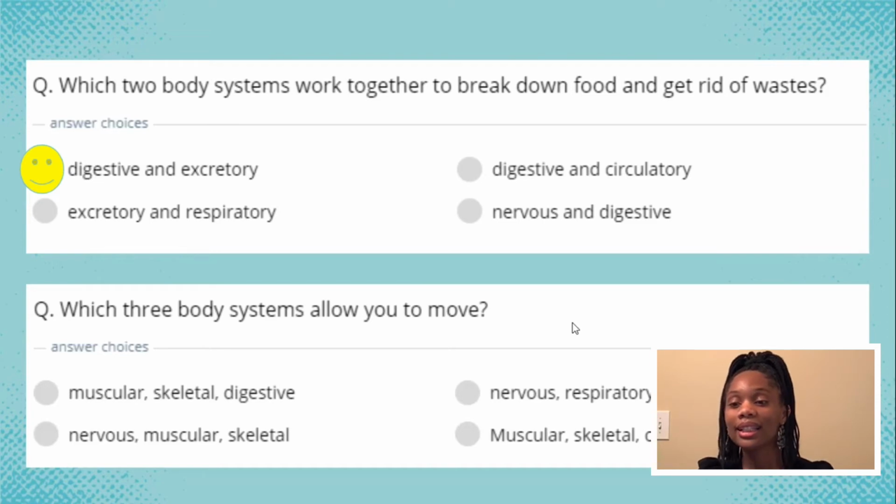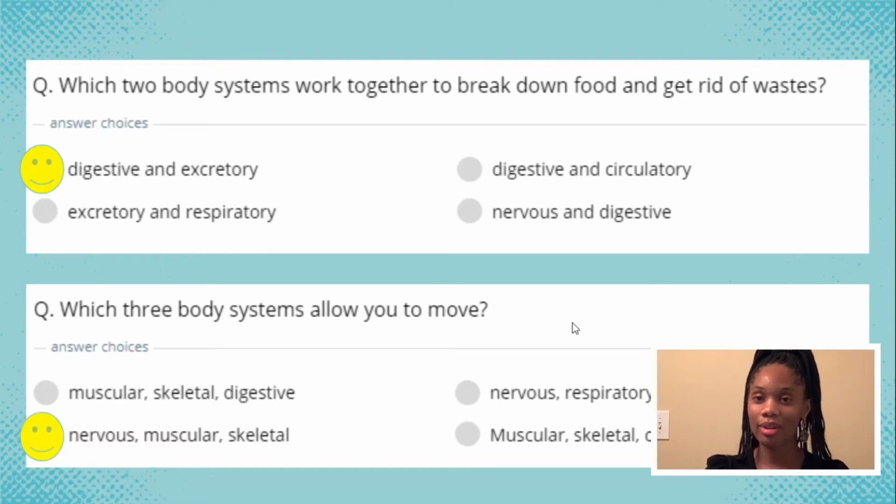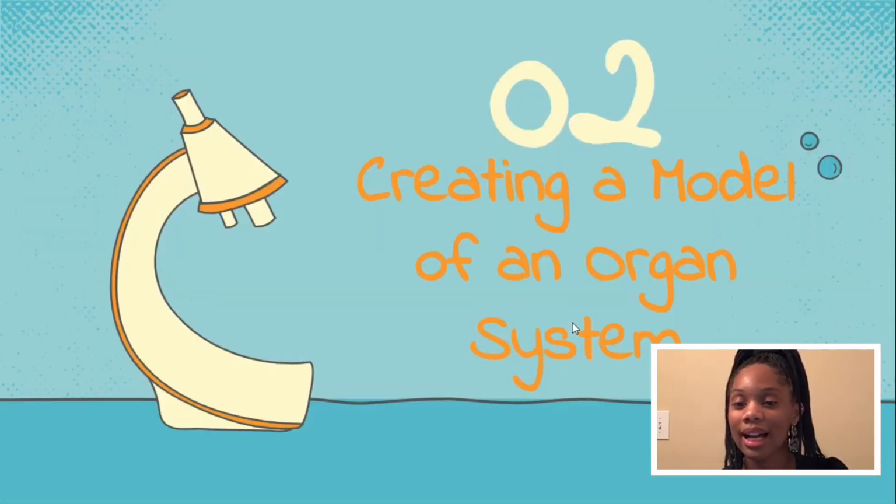Or is it the muscular, skeletal, and circulatory systems? I'll give you a minute to think on it. If you said the nervous system, muscular system, and the skeletal system, you are correct. Very good job, guys.